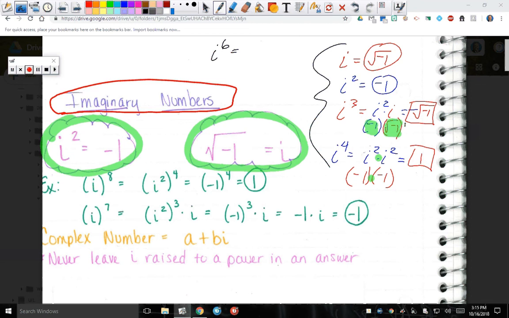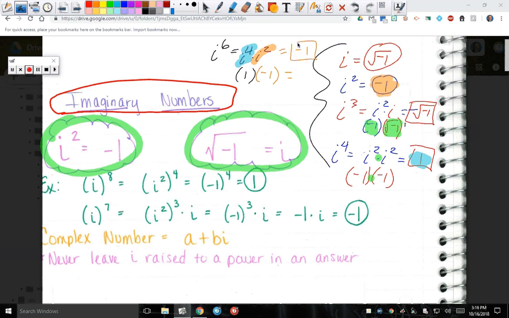The way you could do this is you could see the pattern of 4. You could break it up as i to the 4th times i squared. We know that i to the 4th is 1. And we know that i squared is here as a negative 1, which will give us a negative 1. So I know the product, i to the 6th, would be negative 1.